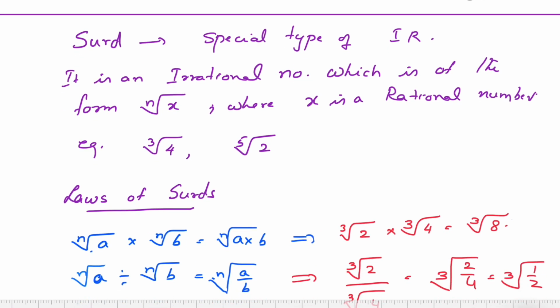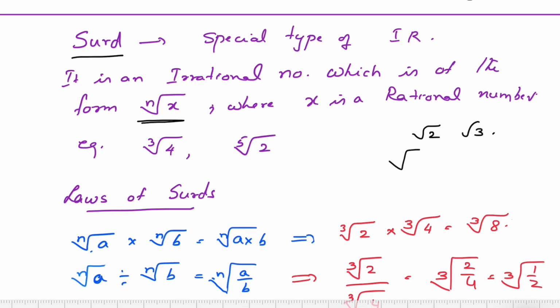Now coming to the third, this is a special type of irrational number. It is an irrational number which is of the form nth root of x, where x is a rational number. Examples: cube root of 4, cube root of 5, fifth root of 2, etc. Actually, you write 2, root 3.